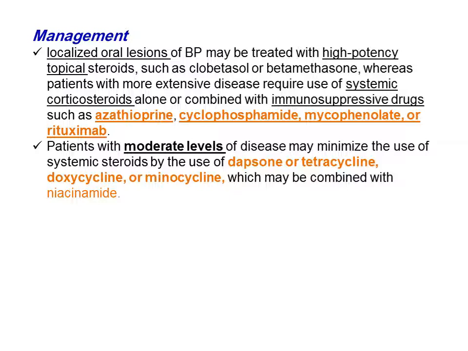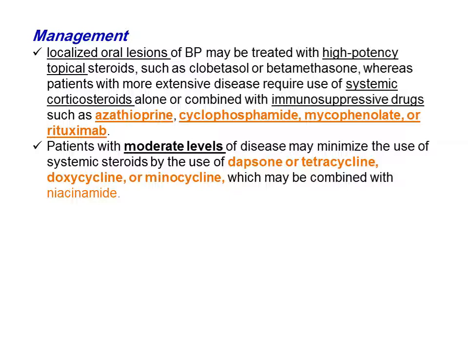Management: localized oral lesions may be treated with high potency topical steroid such as fluticasone or betamethasone, whereas patients with more extensive disease may need systemic corticosteroid alone or combined with other immunosuppressive medications such as azathioprine, cyclophosphamide, mycophenolate, or rituximab.